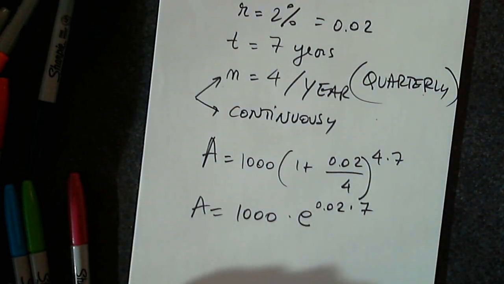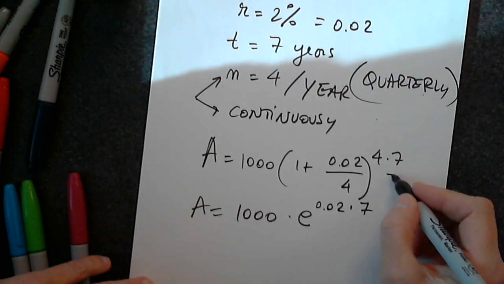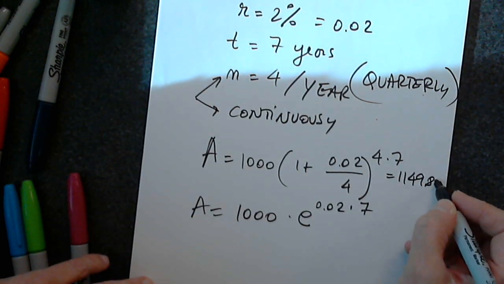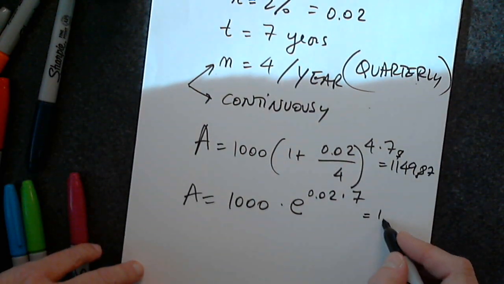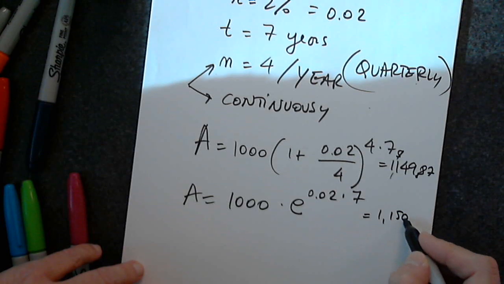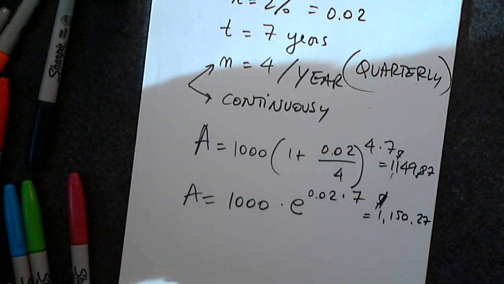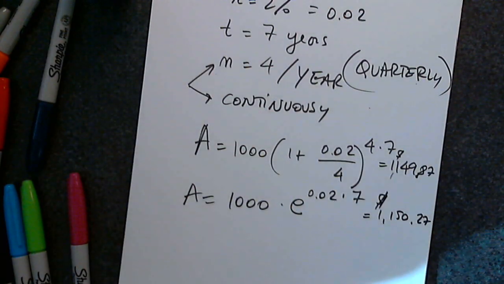So in 7 years, the first will give us 1,149.87, and the second one will be 1,150.27 at the end of 7 years. Any questions?